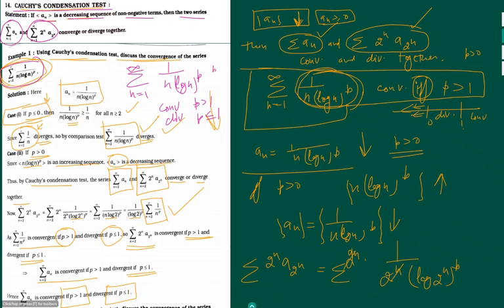Here p is positive always. So we discussed the convergence of this series using the Cauchy condensation test. The proof of this is here.